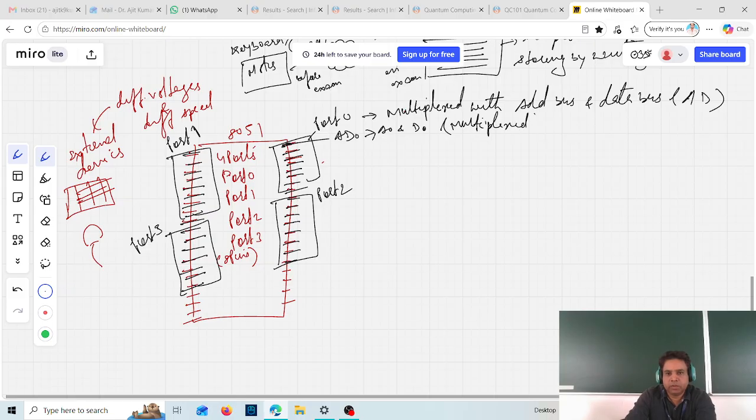Similarly, this pin is multiplexed as AD1, that is the A1 pin of your address and the D1 pin of your data. Similarly, this one is AD2, and like this up to AD7. All these are multiplexed, that is, the address bus and data bus are multiplexed.